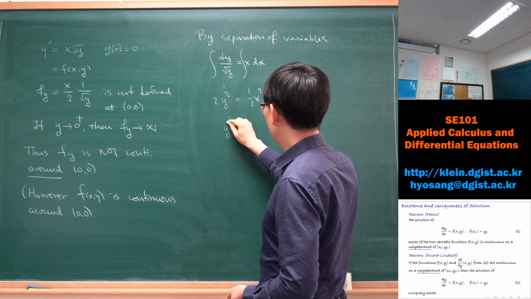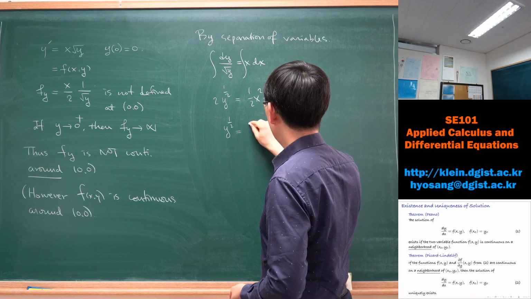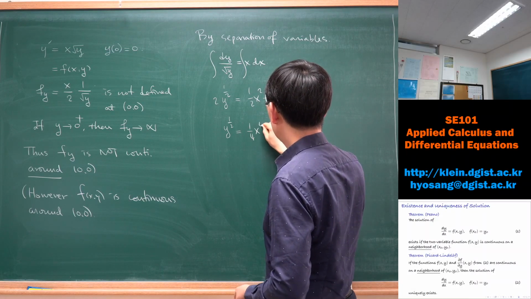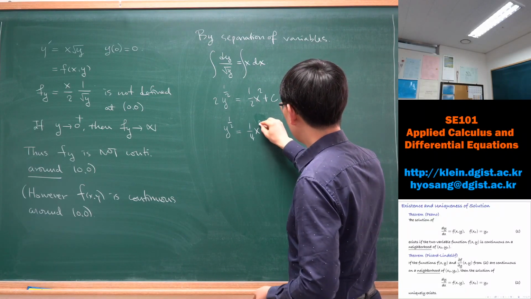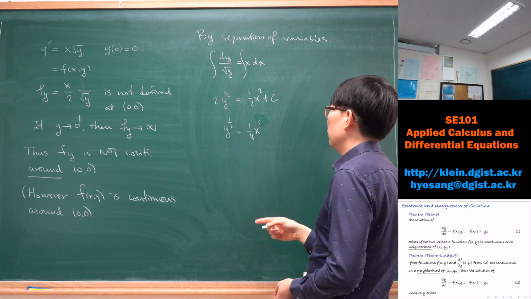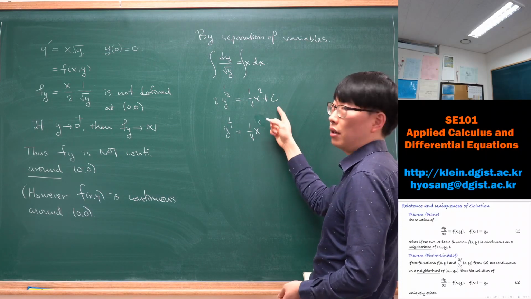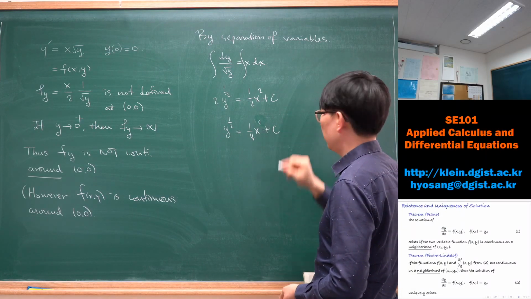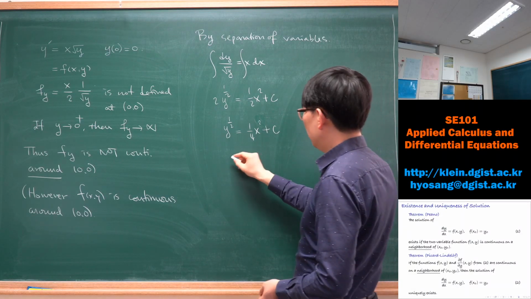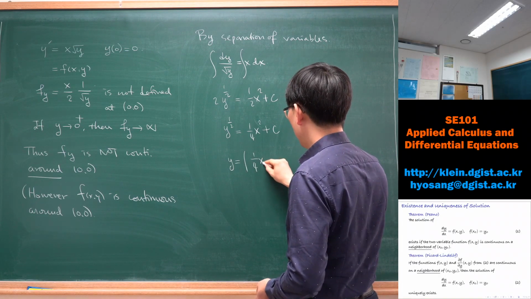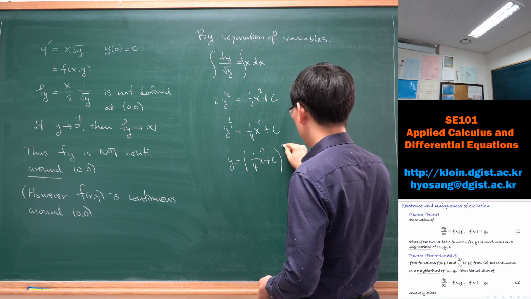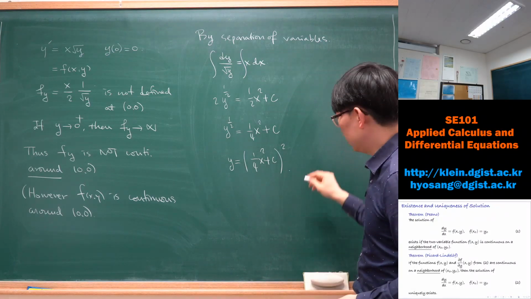So y^(3/2) equals 3/4 x squared plus c. I can take this as c times 3/2, but c is any constant, so let me just put it as c again. Therefore, the solution is the square of (1/4 x squared plus c). So this is the general solution.